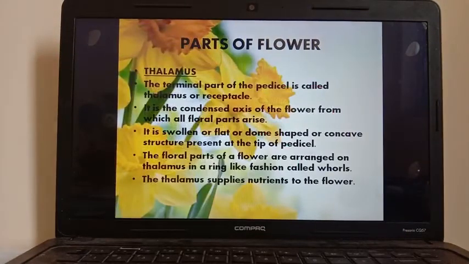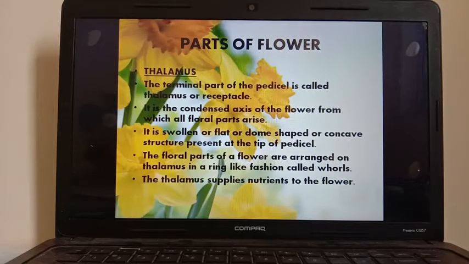So thalamus, the terminal part of the pedicel, is called thalamus or receptacle. It is the condensed axis of the flower from which all the floral parts arise. It is a swollen or flat or dome shaped or concave structure present at the tip of the pedicel or the stalk of the flower. So various shapes are there of the thalamus.